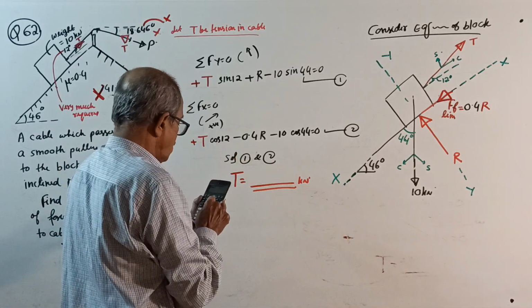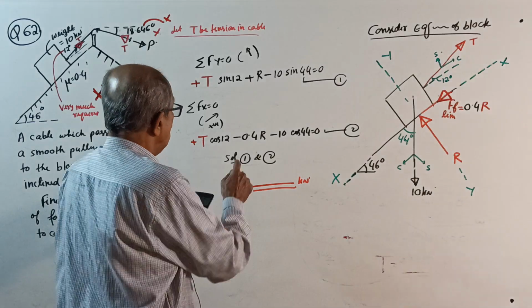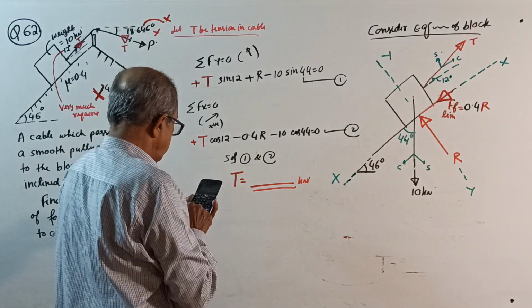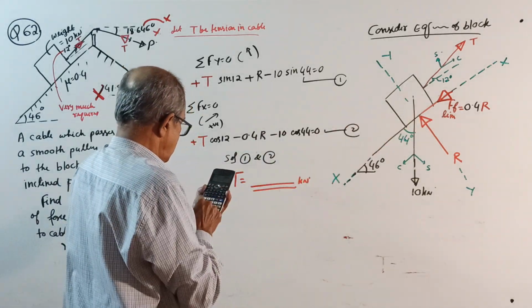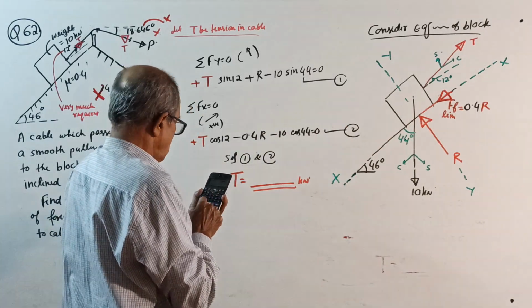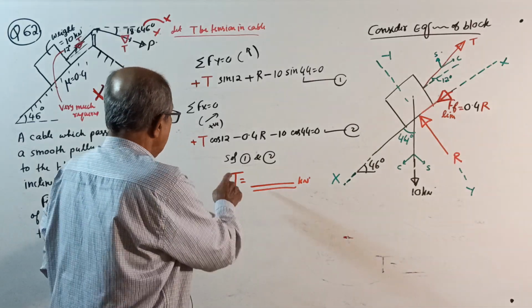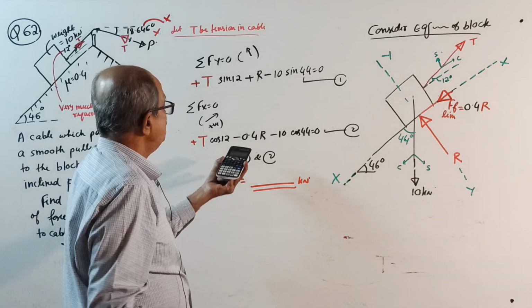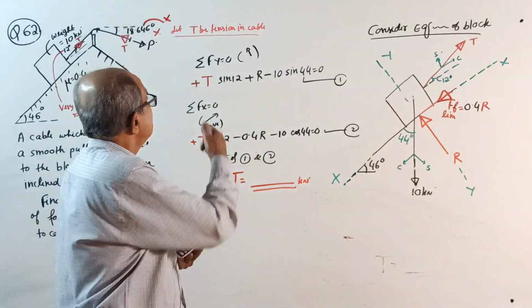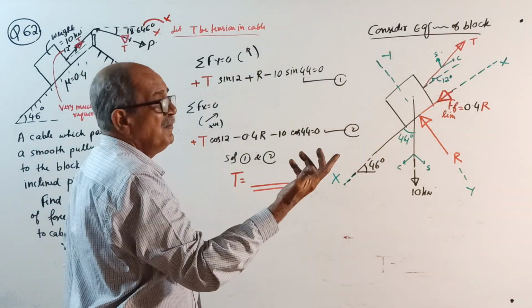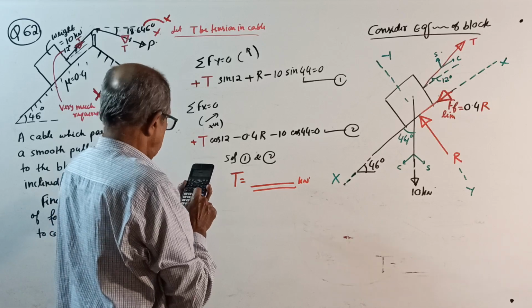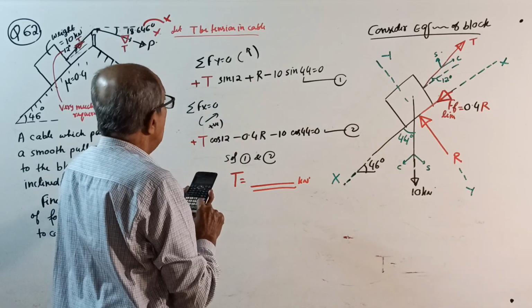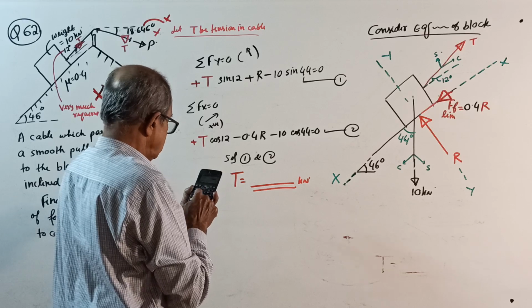First coefficient is cos 12, second coefficient is minus 0.4, next coefficient, 10 into cos 44. I put this equation first. Next, the other one, sin 12, 1, and 10 into sin 44.